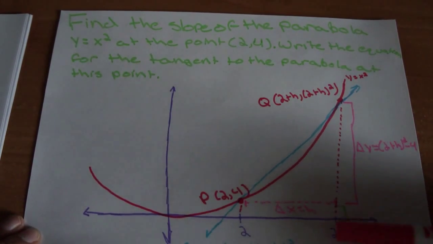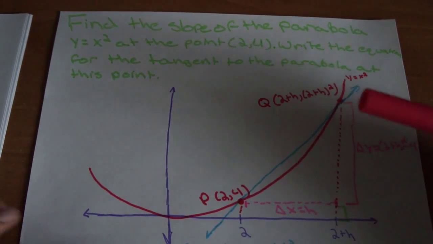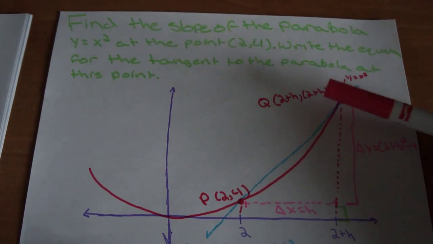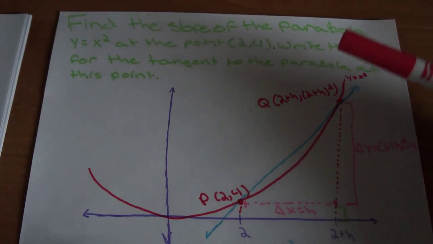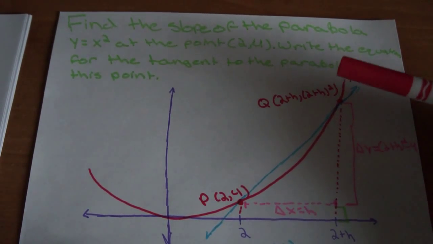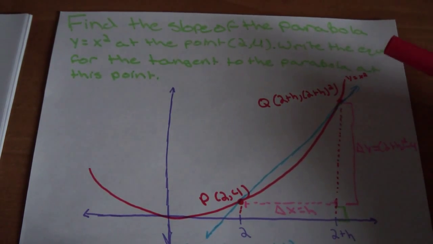Then we created a new value, 2 plus h, because we know that delta x will be h, and we needed an arbitrary value in order to figure out point Q. Using delta x equals h, we plugged that back into x squared to find y for point Q. So point Q is (2 plus h, 2 plus h squared).